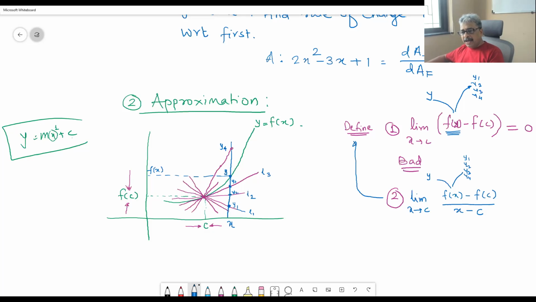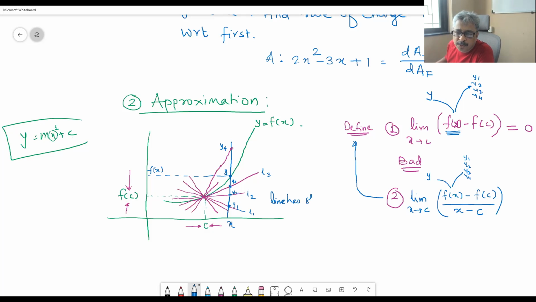Okay, and obviously, because I am eventually going to show that the tangent is the best approximation, I am moving towards the tangent, but let me check now whether I am getting it or not. Now, suppose the line has slope m.